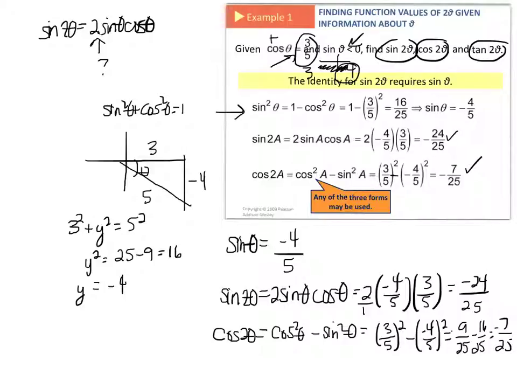Okay, so we found sine of 2 theta and cosine of 2 theta. Now we just need tangent. Alright, so we just need to now find our tangent of 2 theta.